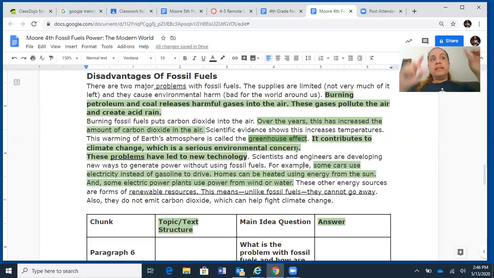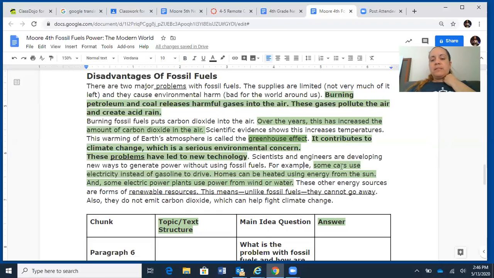Climate change is when the climate, which is the weather outside, changes and it gets hotter and hotter and hotter. That's not good for the Earth. These problems, there's our problem again, have led to new technology. Scientists and engineers are developing new ways to generate power without using fossil fuels.